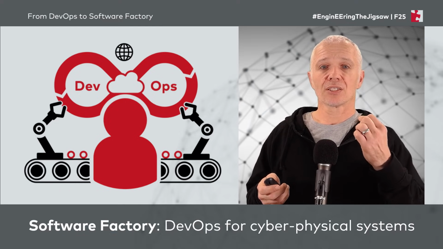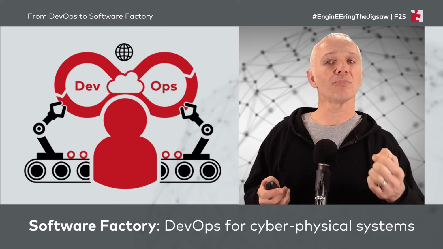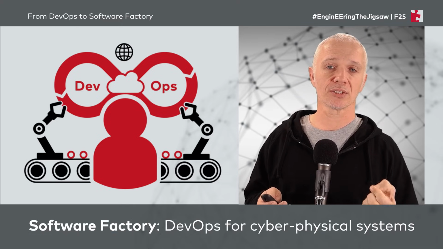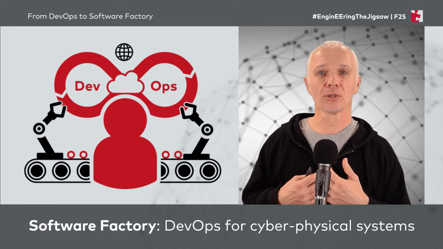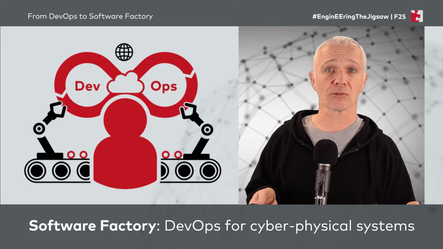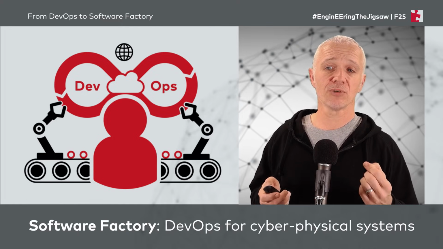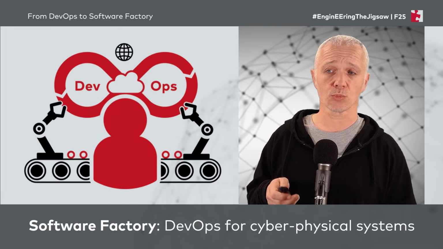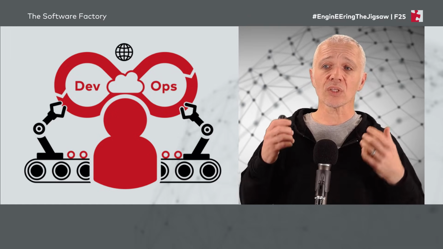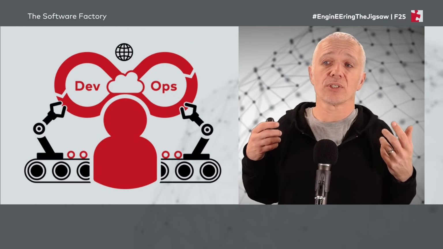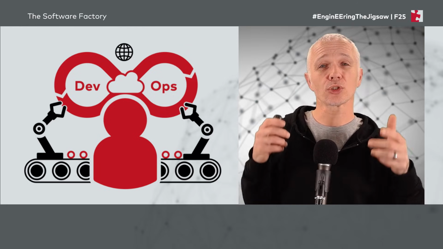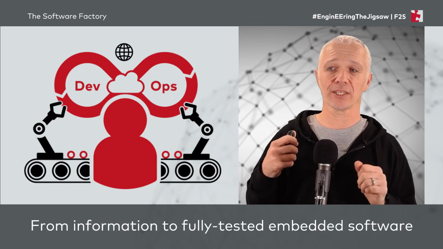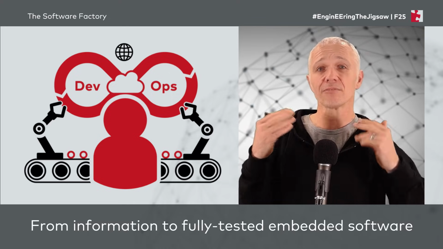And Software Factory is how we bring DevOps to cyber-physical systems, where we need to consider more than just software and deploying software quickly. We need to deploy fully tested working software, often with some certification as well. So in the Software Factory, we make use of a high degree of automation to ensure that we reliably deliver working and fully tested embedded software from information.